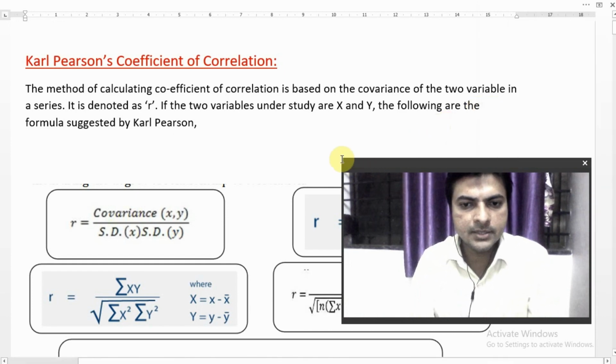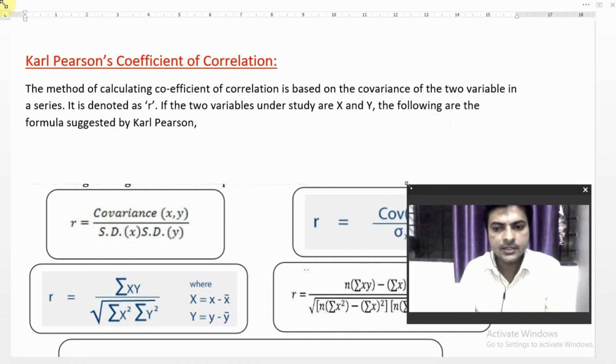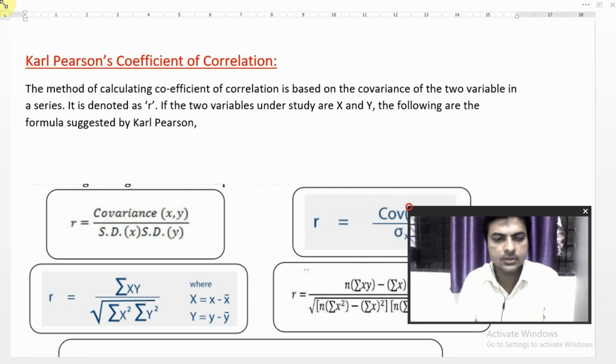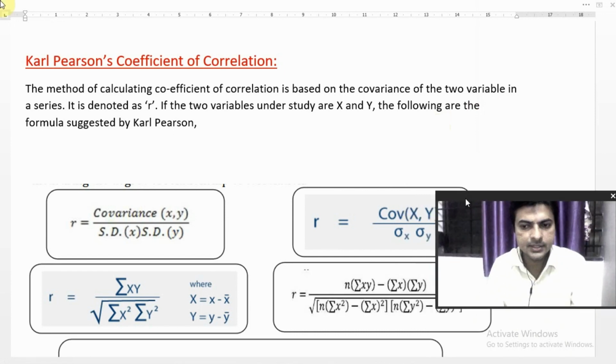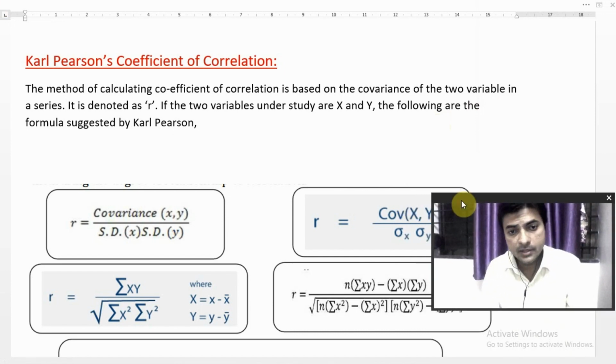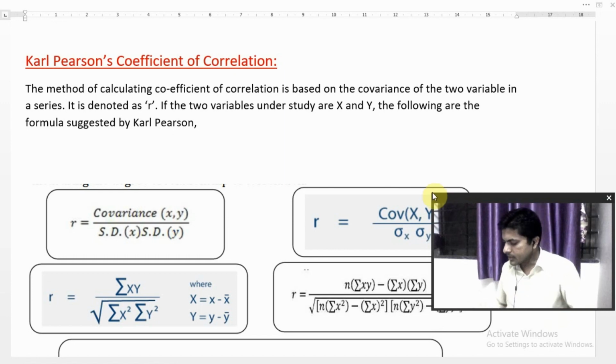Covariance of two variables in a series. Yes friends, this is how correlation is based on covariance. If the two variables under study are x and y, the following is the formula suggested by Karl Pearson. Karl Pearson was a scientist and he gave this formula.